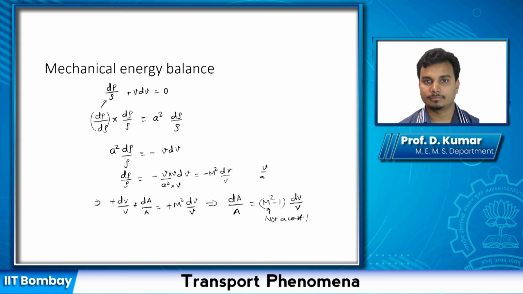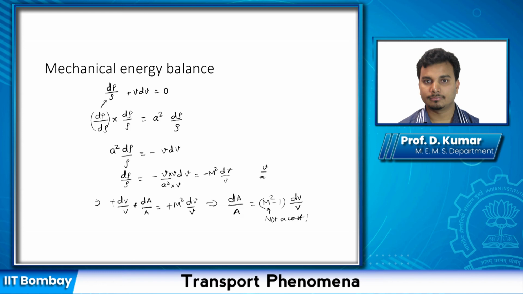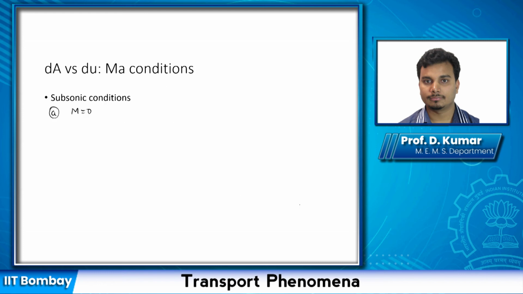So let us see the condition when, first, let us say M is equal to 0. If M is equal to 0, then dA by A plus dV by V equals 0, which essentially means that A times V is constant.